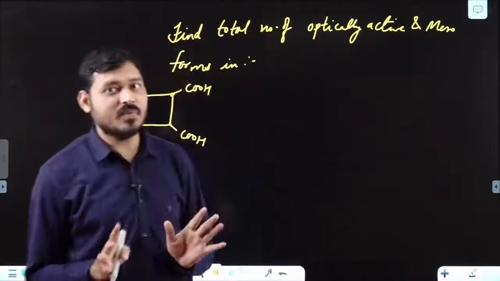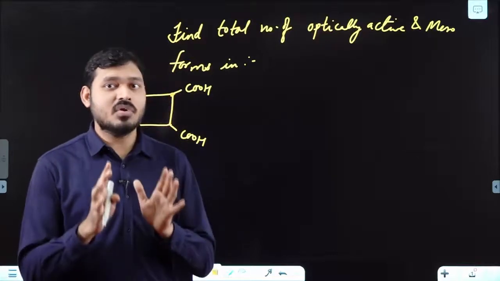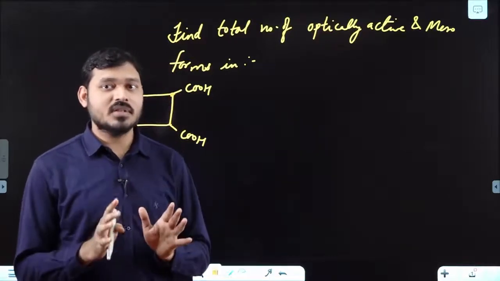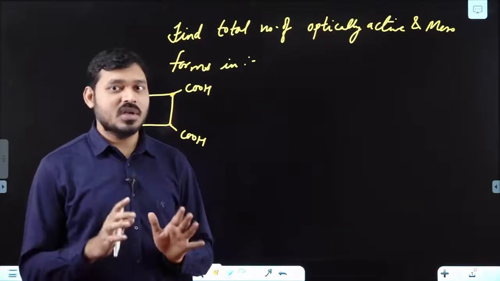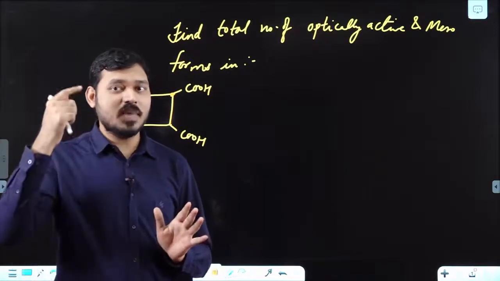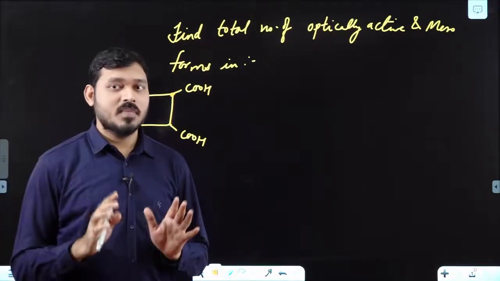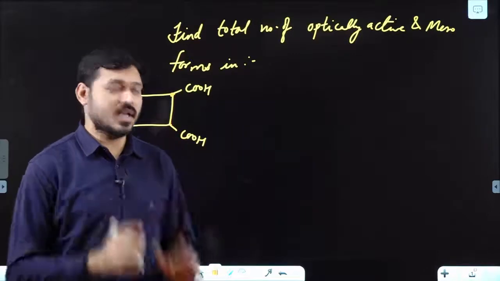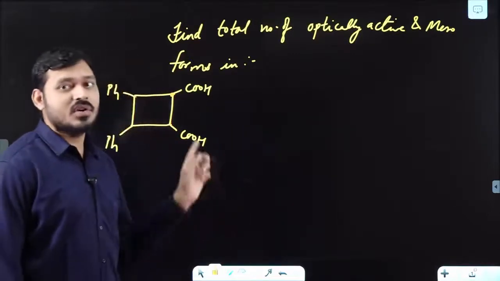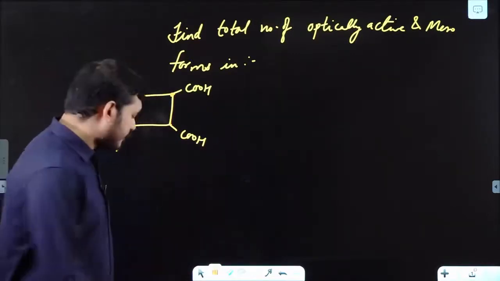Here I am not using the formula, I am telling you how to draw all the cases, because when you have to draw all the cases, you will understand, you can make your imagination powerful, means how we have to consider all the cases. Suppose you are just asked, draw the meso forms, what you will do?